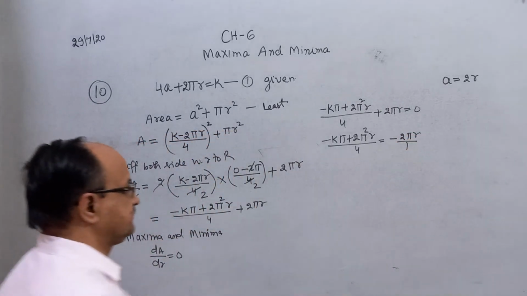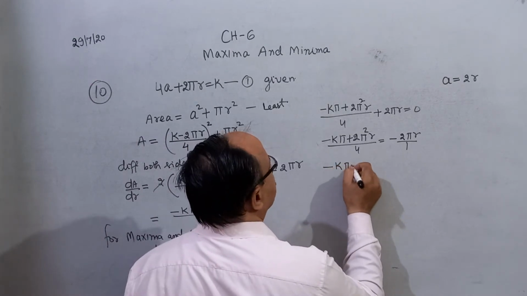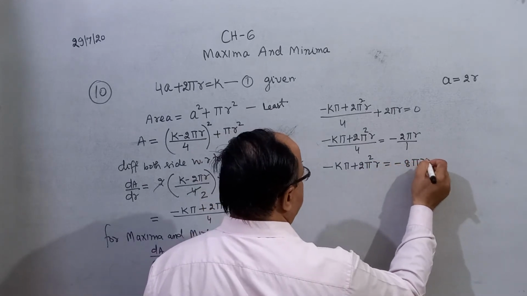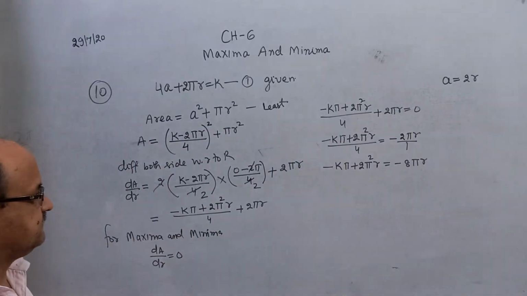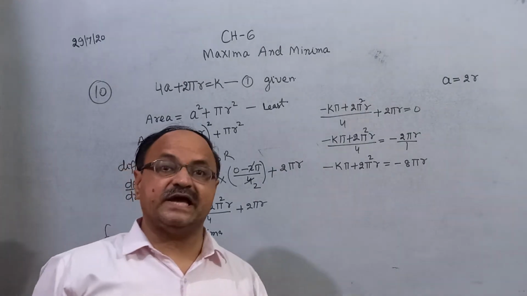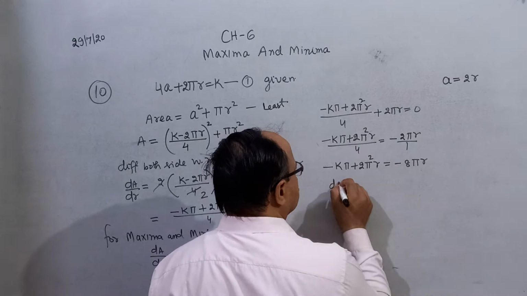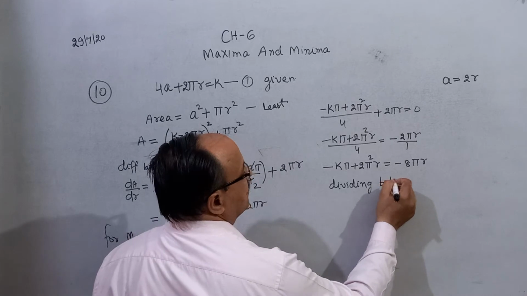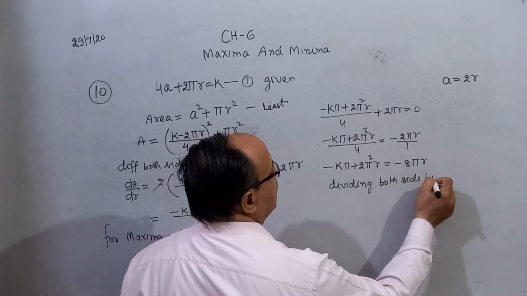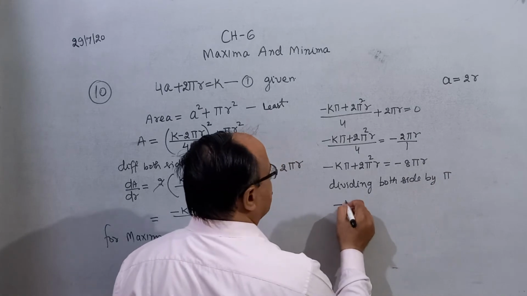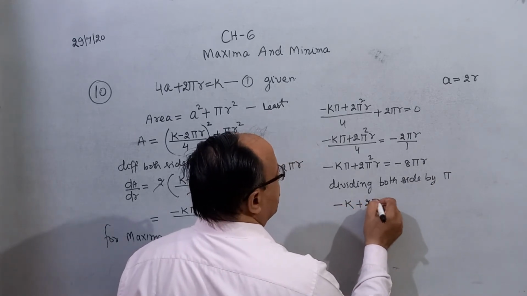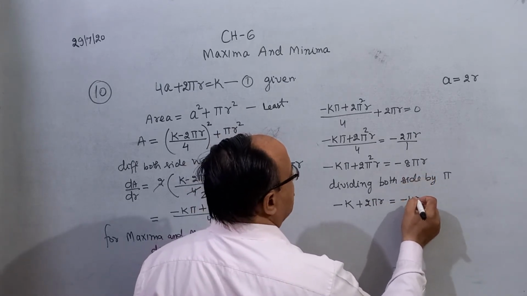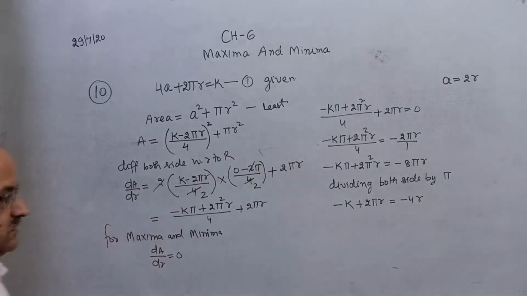Cross multiply. Minus k pi plus 2 pi square r is equal to minus 8 pi r. Now dividing both sides by pi, therefore minus k plus 2 pi r is equal to minus 4r.